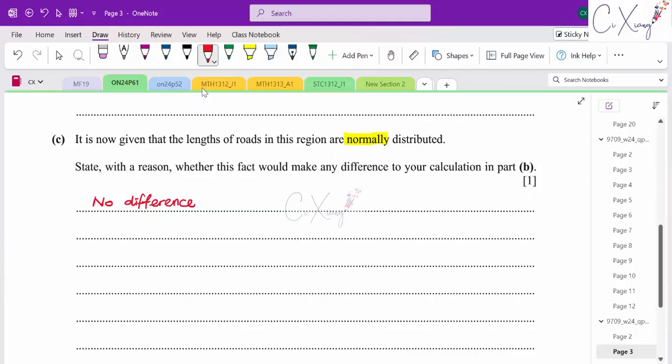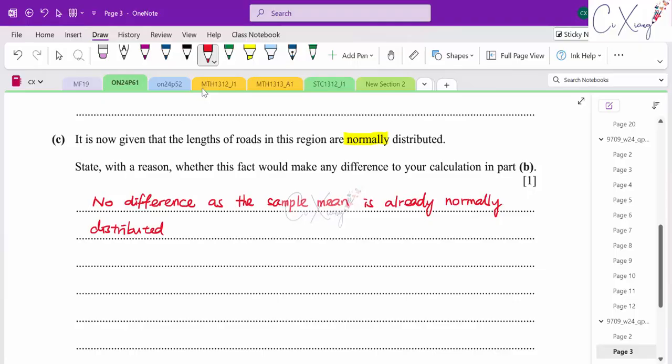So why is there no difference? As the sample mean is already normally distributed, and the sample size is large.